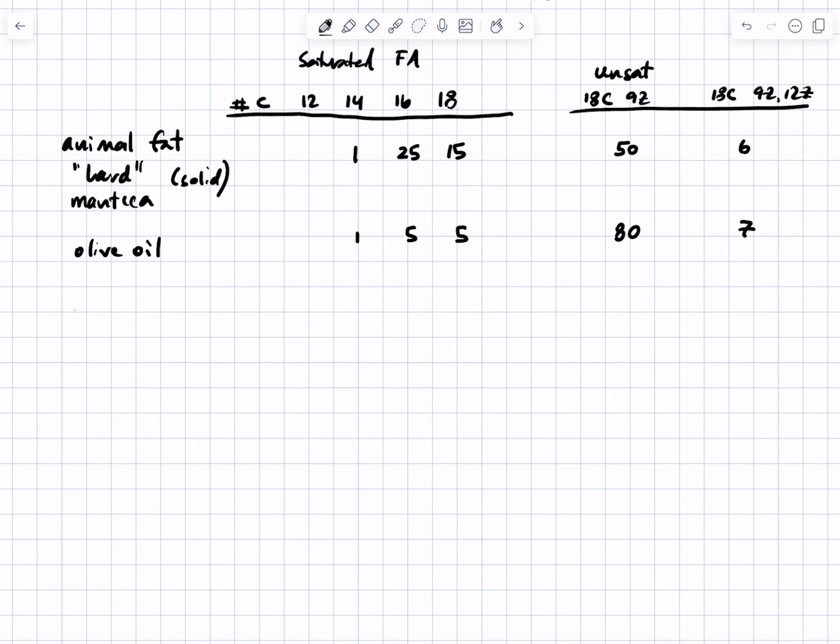Peanut oil, here's a fun story. So peanut oil is mostly, again, unsaturated, about 60% monounsaturated, about 20% diunsaturated. So both olive oil and peanut oil are liquids.